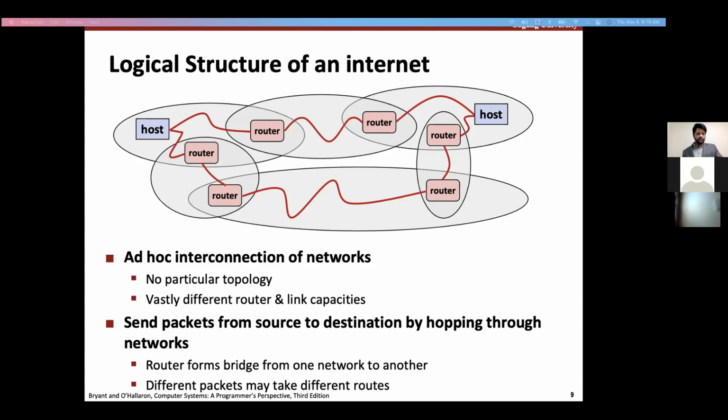For example, the host on the left can send the data through multiple routers to the host on the right, but it has to go through some algorithm so that you can find the shortest path. That's where the shortest-path algorithms come in, and they identify which is the shortest path to send data from the left host to the right host. And of course different packets may take different routes on this picture.